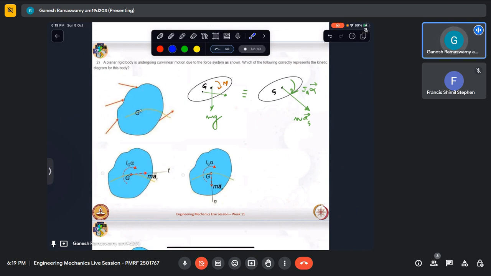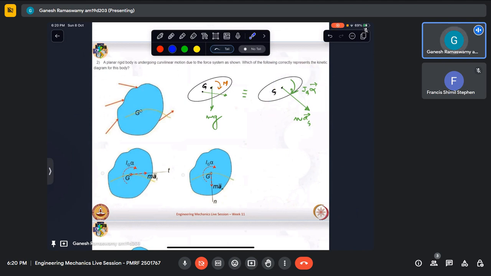For example, if it is a circle, it will be radial and tangential directions. If it is an ellipse or some other curve, one component will be normal to that path, one tangential. Those will be the two components of a_G. For a general plane motion, we will have both the vectors.